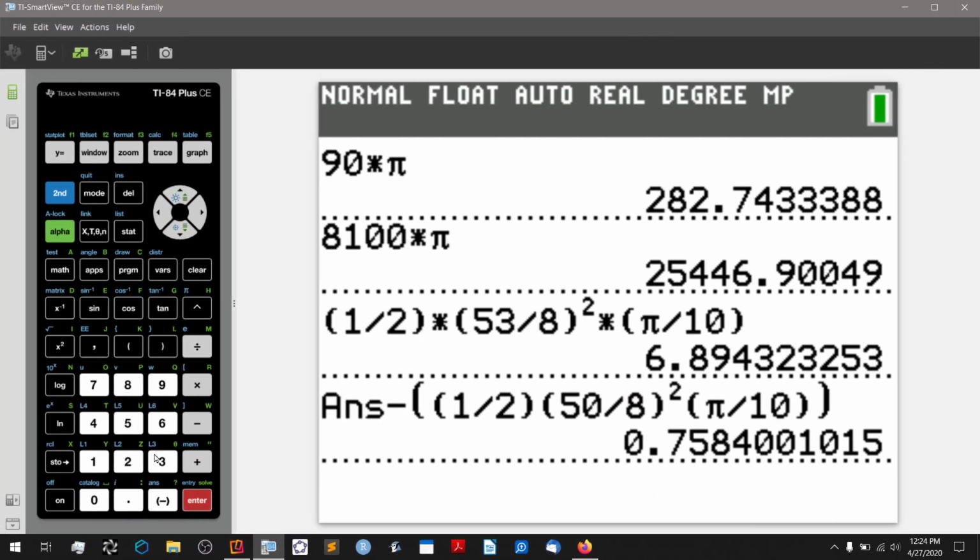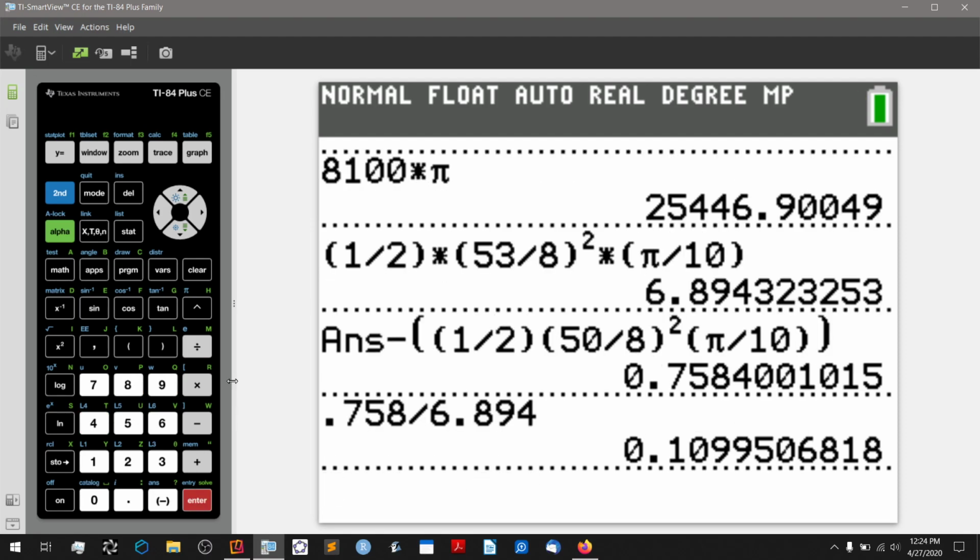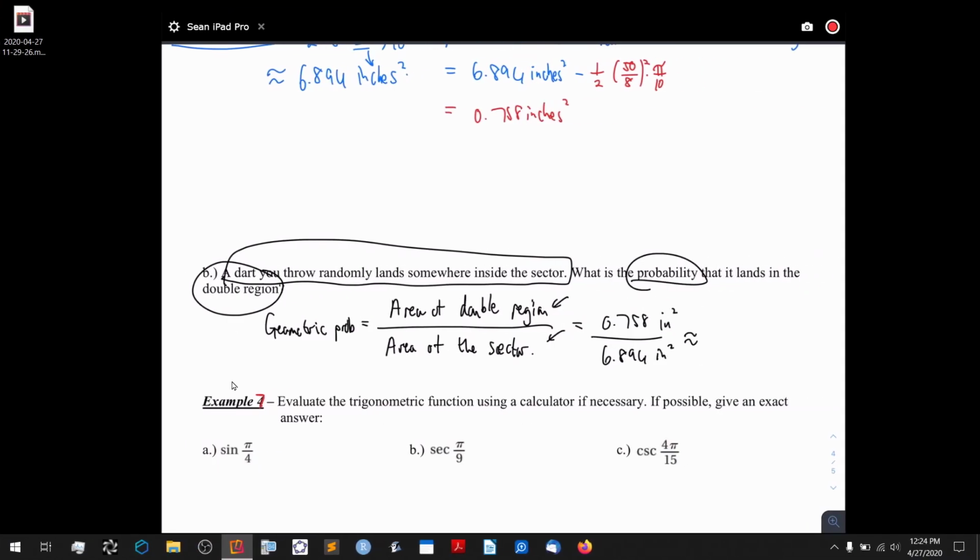Let's see what you get. 0.758 divided by about 6.894, and you get a probability, which, remember, must be less than or equal to 1 and greater than or equal to 0. So 0.109, if you round that, you get about 0.11. So about 0.11 is the probability.